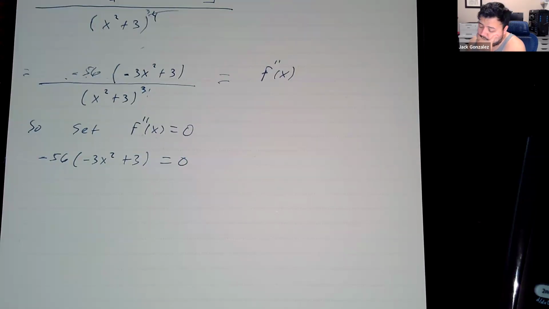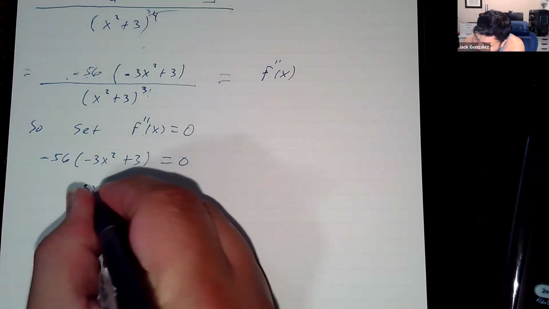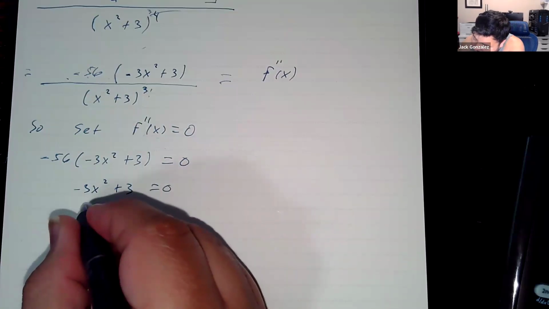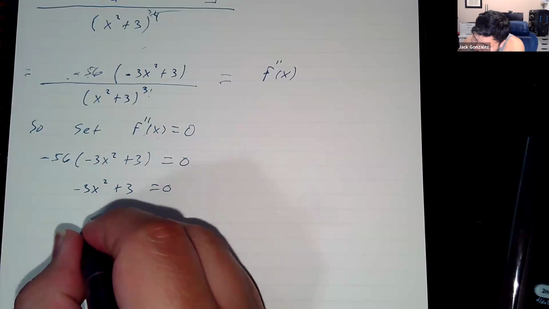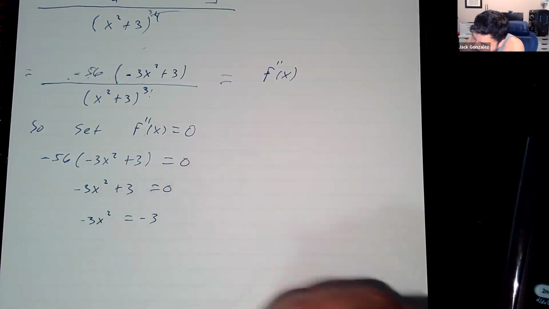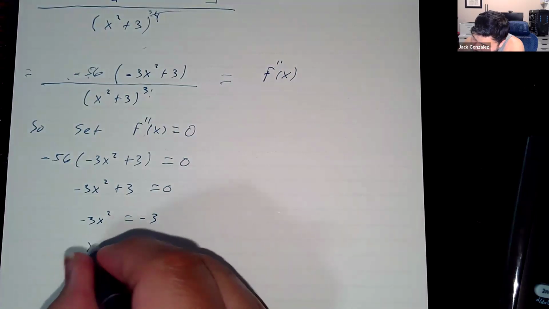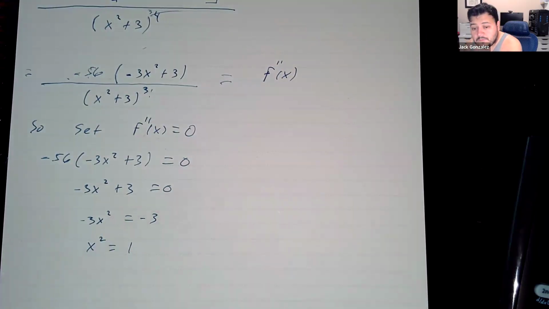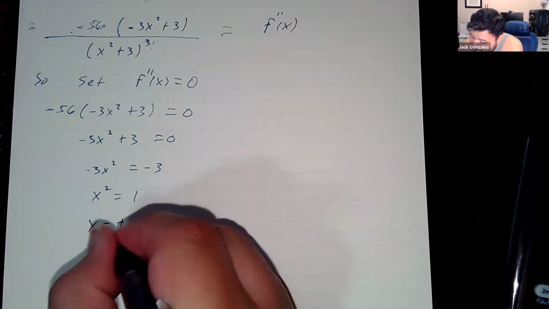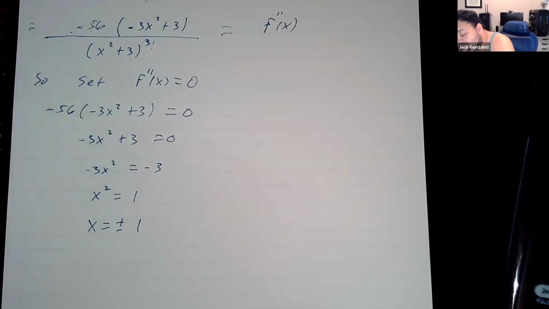Okay. So divide by negative 56. That gets us here. Subtract the 3 over. That gets us here. Divide by negative 3. Square root both sides. So we have 2 inflection points.